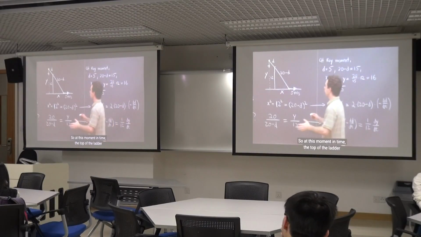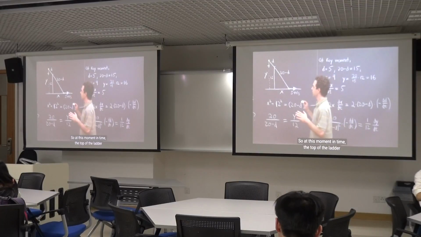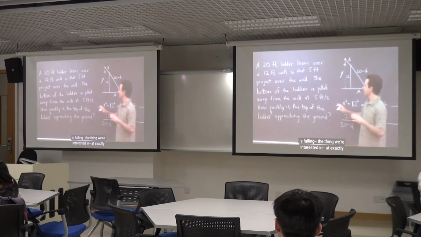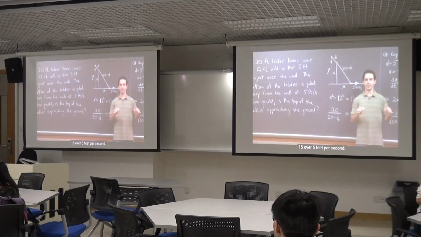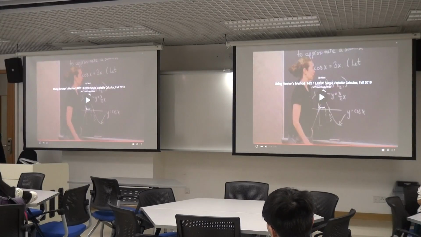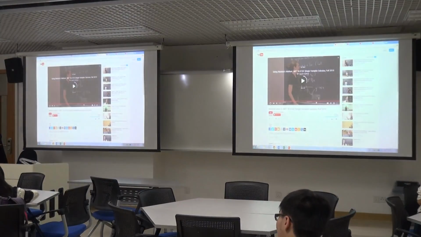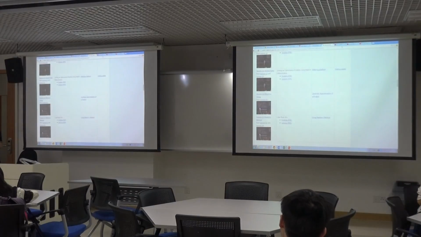So at this moment in time, the top of the ladder is falling, the thing we're interested in, at exactly 16 over 5 feet per second. It's a very simple but very intricate process to nail down those relationships.